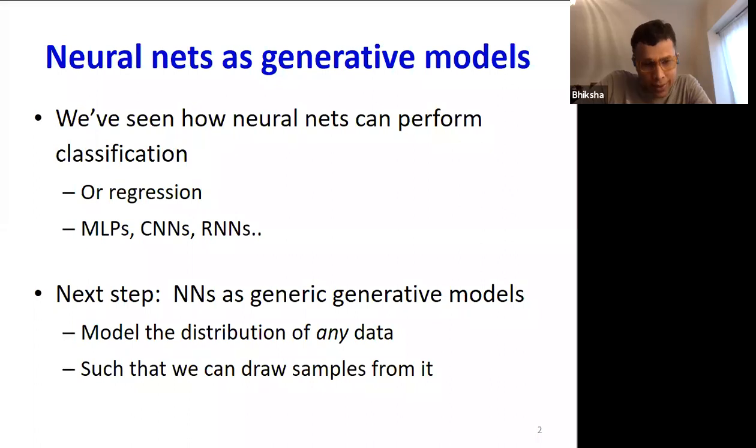In the next series of several lectures, we will be talking about neural networks as generative models that can model the distribution of any data so that we can draw samples from these distributions.